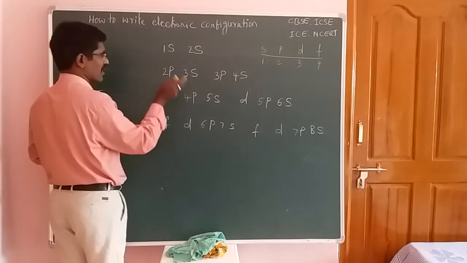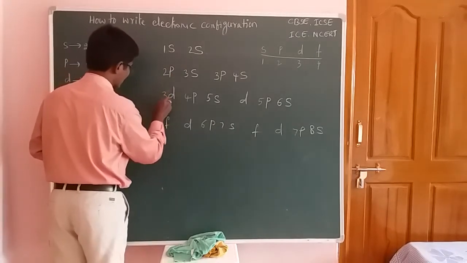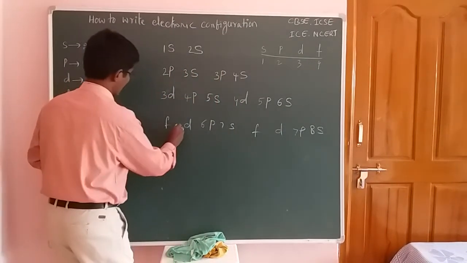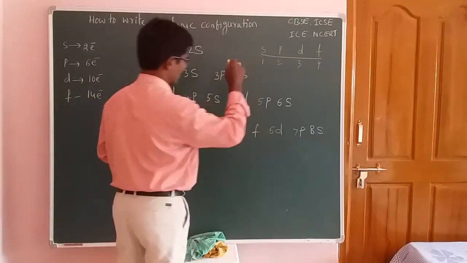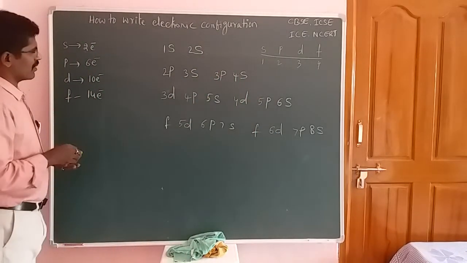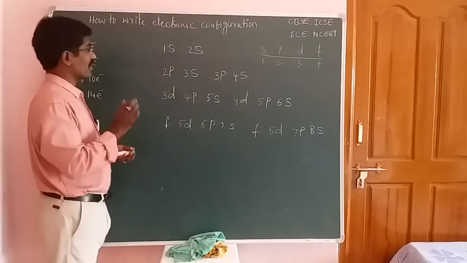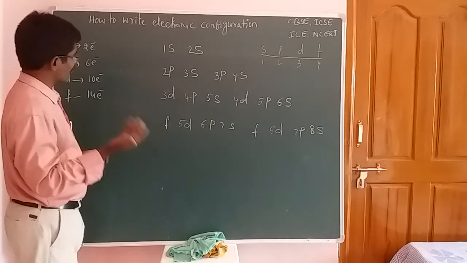So it starts from the third energy level. So for this one 3d, and here 4d, this one is 5d, and the next one is 6d orbital, students. There is no further orbital. And the f orbital starts from the fourth energy level, students. Now we have to check where the f orbital is present.